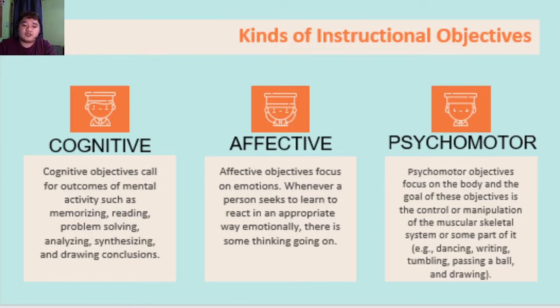Bloom and others further categorize cognitive objectives into various levels, from the simplest cognitive tasks to the most complex cognitive tasks. These categories can be helpful when trying to order objectives so they are sequentially appropriate. This helps to ensure that prerequisite outcomes are accomplished first.